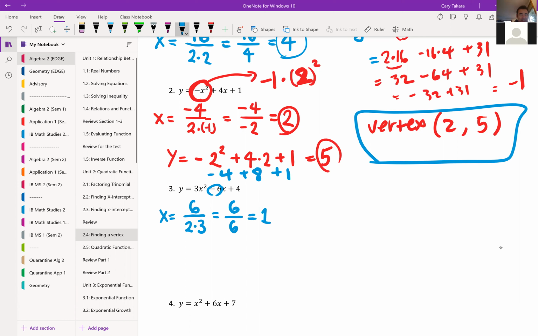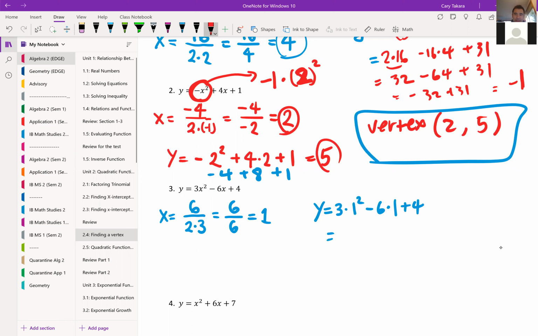Now let's plug in. To find the y coordinate, you're going to plug 1 back into the equation: 3 times 1 squared minus 6 times 1 plus 4. Please make sure that you write it down. Don't try to do this all in your head.